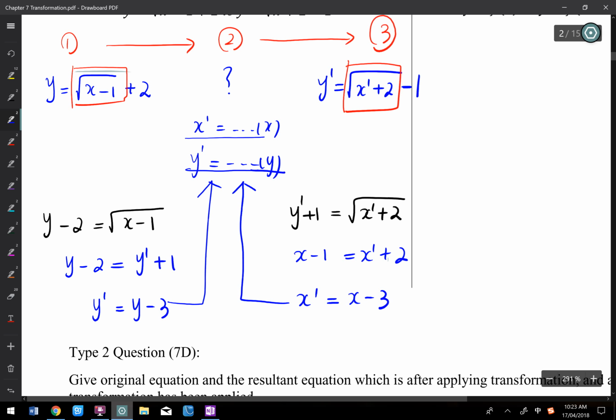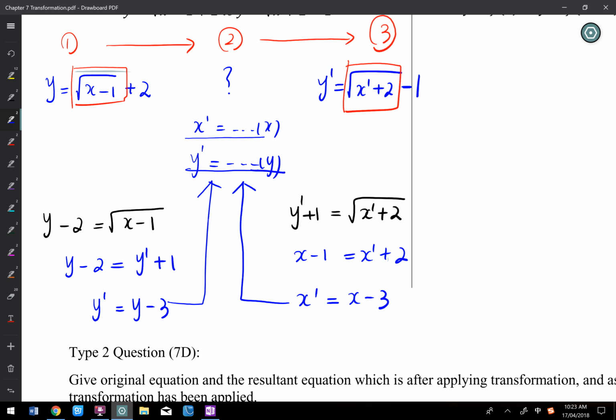So the answer will be translate 3 units to the left and translate 3 units down, because new y equals old y minus 3, new x equals old x minus 3.